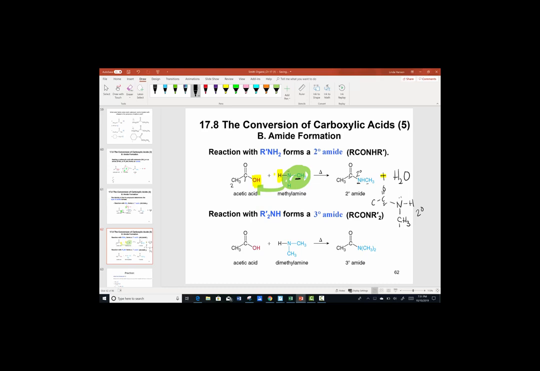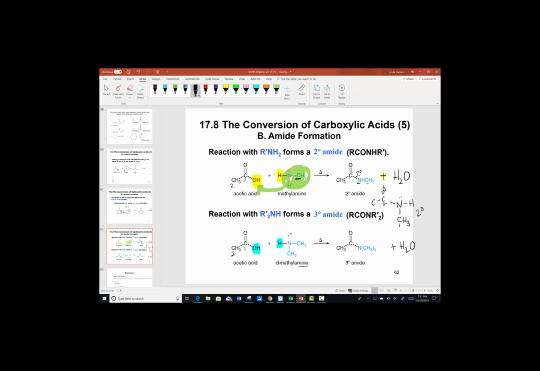And in the next example, we can create what's called a tertiary amide by using a substrate such as dimethylamine. So again, using a simple acid such as acetic acid. And this time we're using a secondary amine, because it's not attached to the C double bond O. The language is -ine. We know to take the H and the OH, and it will combine to make water.